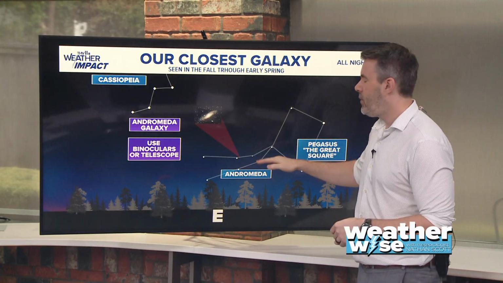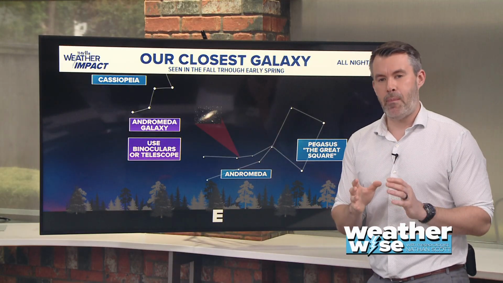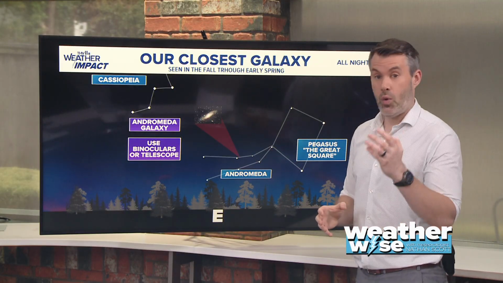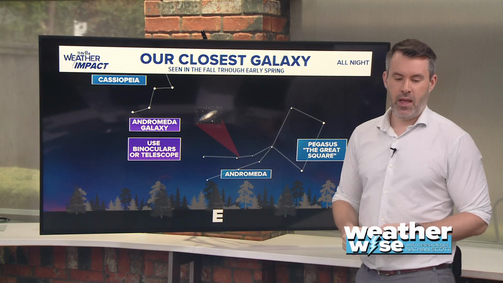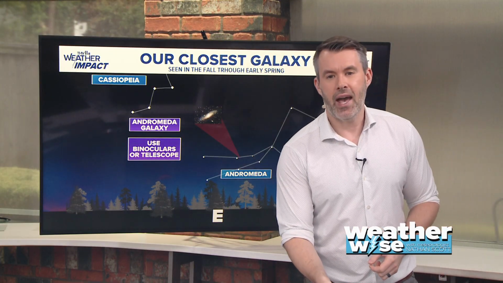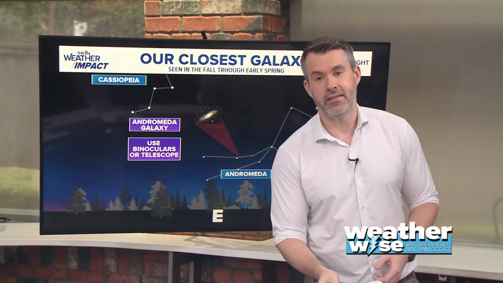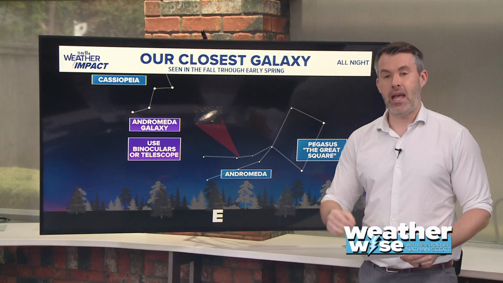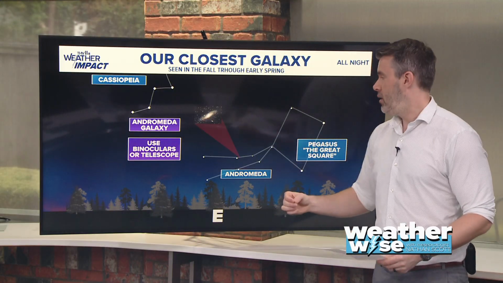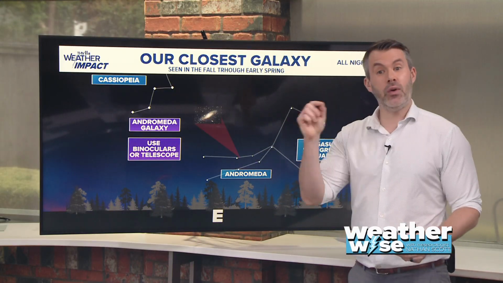This is a little bit fainter, but you want to get a pair of binoculars or a telescope especially, because right about here is where we have our neighboring galaxy, known as the Andromeda Galaxy. When you look through binoculars in this area, you will see that galaxy.